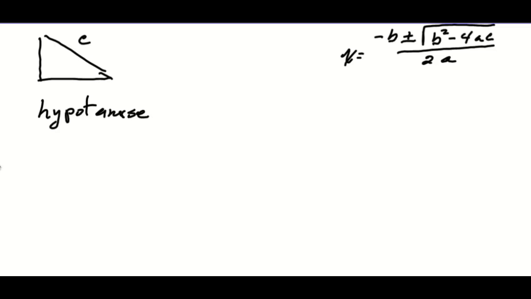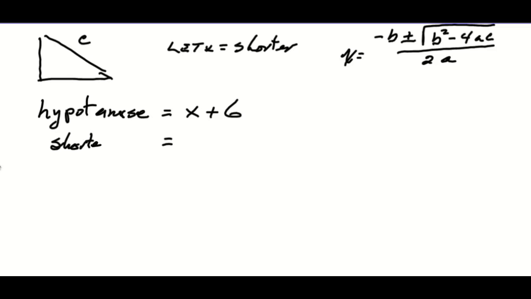So if I let x equal the shorter leg, then that hypotenuse should equal x plus 6. And now I have the shorter leg, that's equal to x. All I have left is the longer leg.